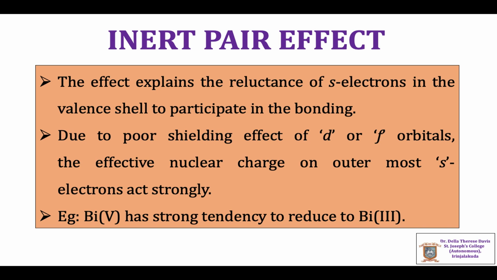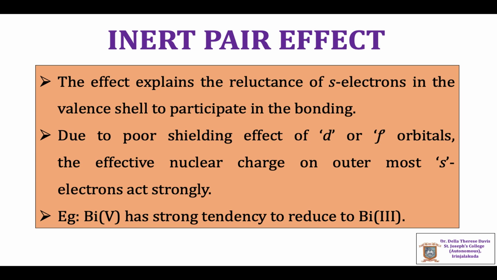An example for inert pair effect is bismuth, which has a tendency to exist in +3 oxidation state compared to +5. It has 5 electrons in the outermost shell, 2 s electrons and 3 p electrons. Due to inert pair effect, the s electrons show reluctance to participate in bonding.